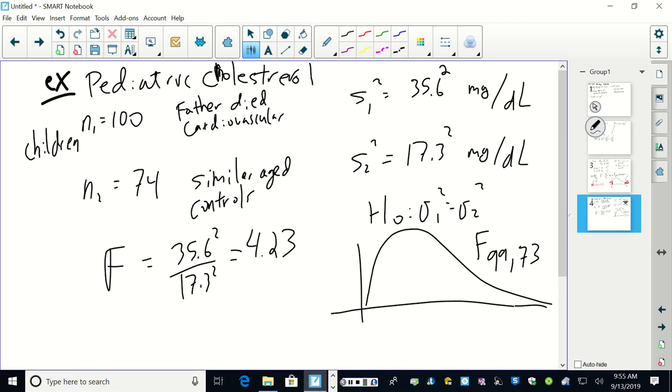The cutoff point that has 2.5% up here in the tail ends up being 1.55. And we're out here somewhere at 4.23.